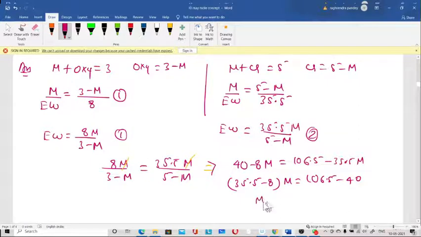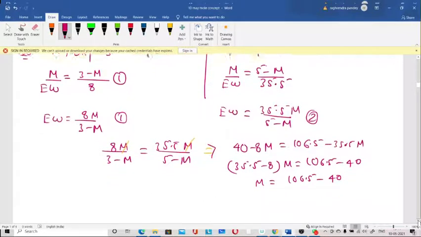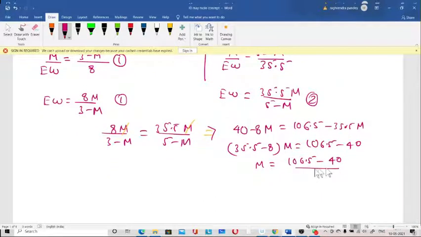So m is equal to 106.5 minus 40 divided by 35.5 minus 8. So this is the equation. Let's try to calculate it fast.